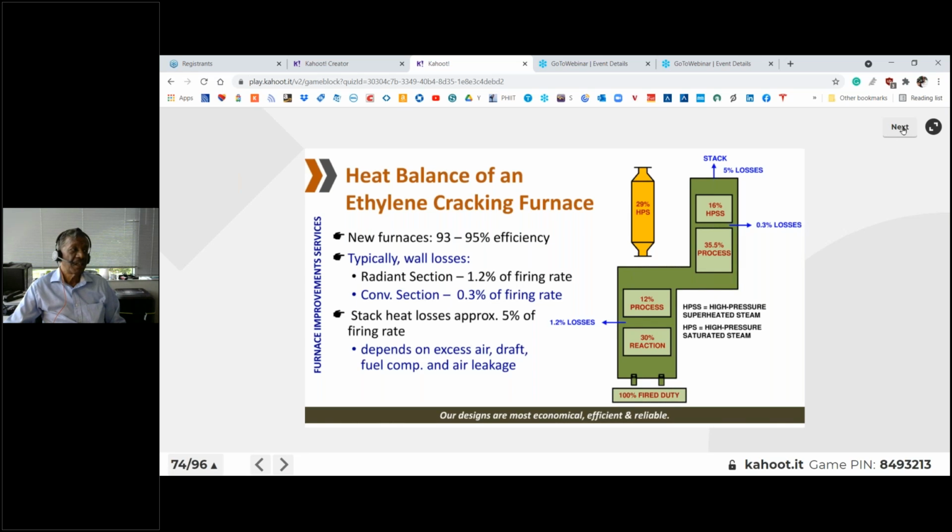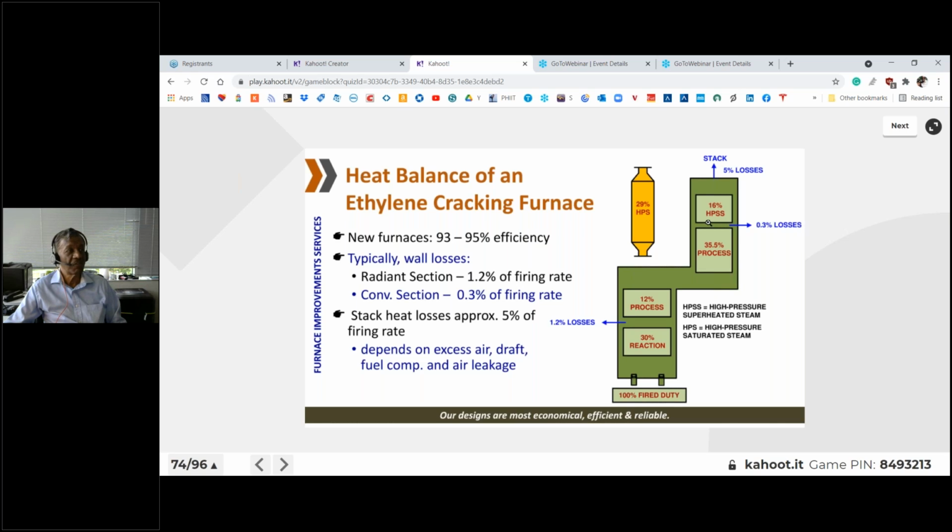Now, when you look at the heat duty part of it, we covered it actually. If you look at any furnace, 30% of the heat duty is going into the endothermic heat of reaction. And almost 47% of the heat duty is going into preheating the feed and dilution steam to the reaction temperature. 35% of that is taking place in the convection section and 12% in the radiant section, and 16% is going into the HP steam superheater in the convection section.